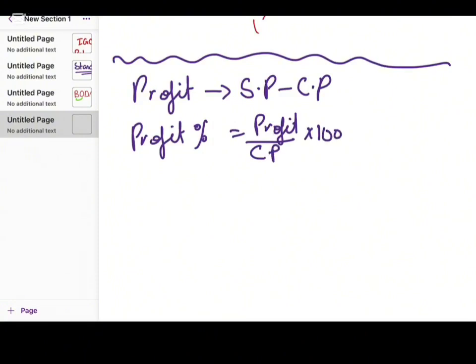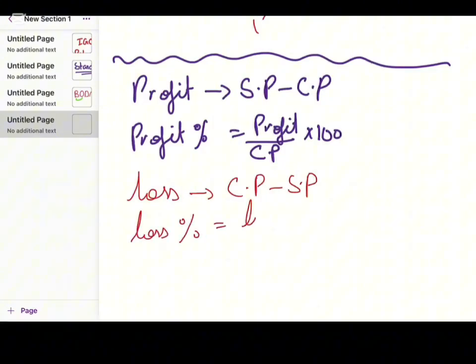Next we have loss: simply cost price minus selling price, and the loss percentage formula is loss divided by cost price multiplied by 100. So write down these four formulas.